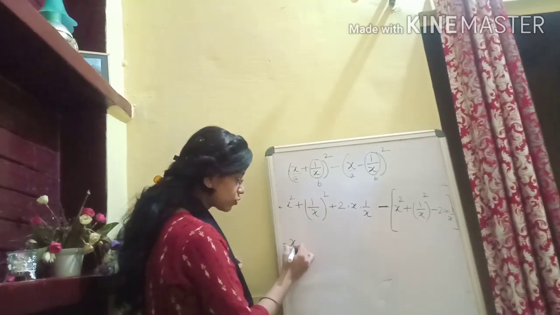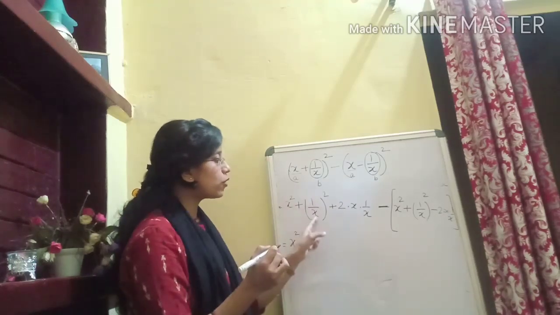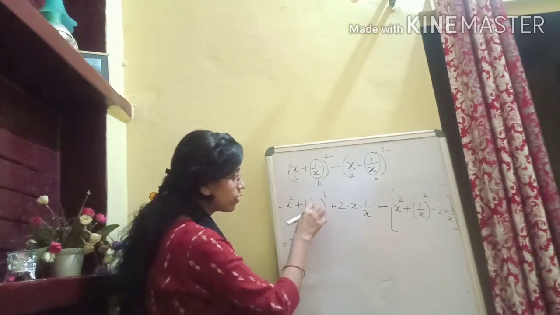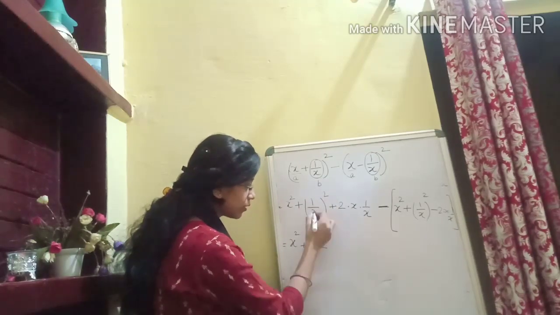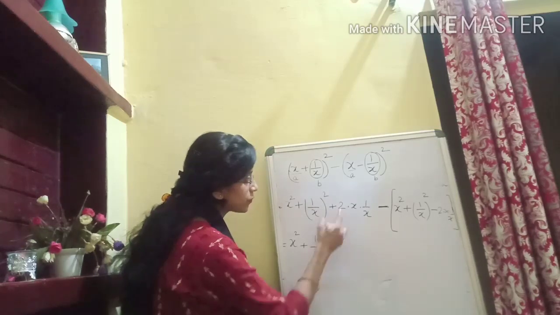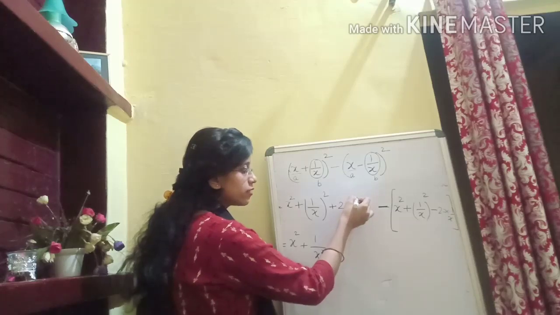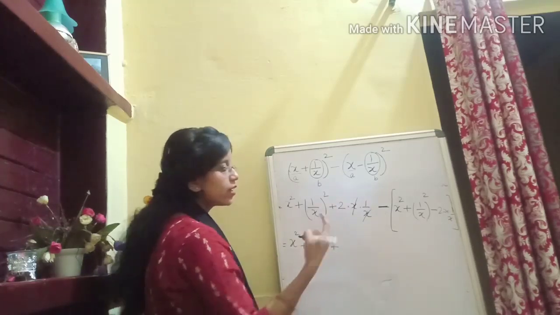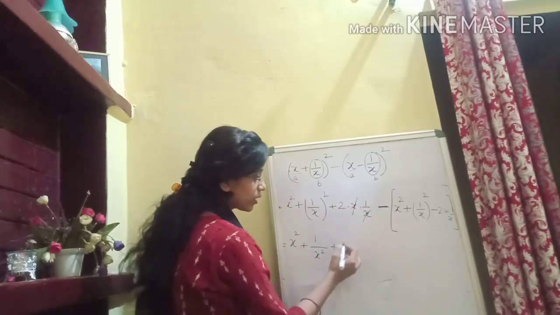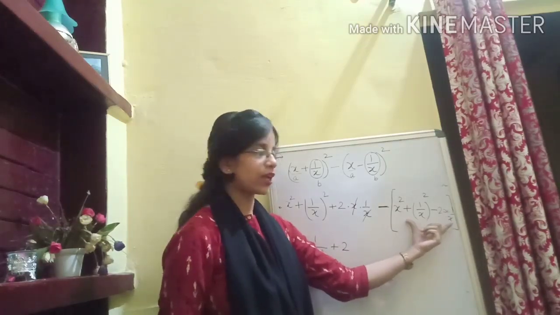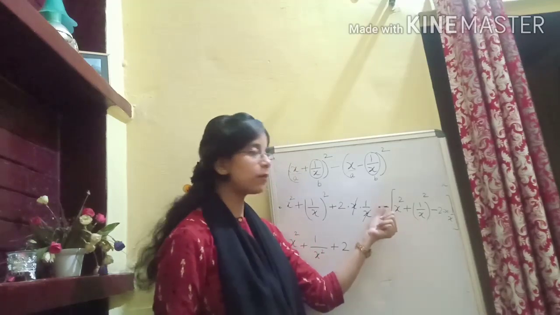It is simply x² plus, now (1/x)² will be 1/x². Now plus, if you see here, x and x are in divide, so we can simply cancel them, and we are left with 2 into 1, that is 2. Now can we open this bracket with the minus sign?